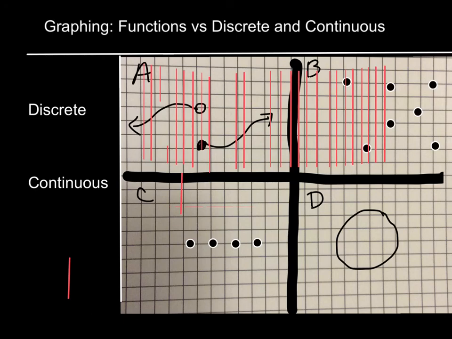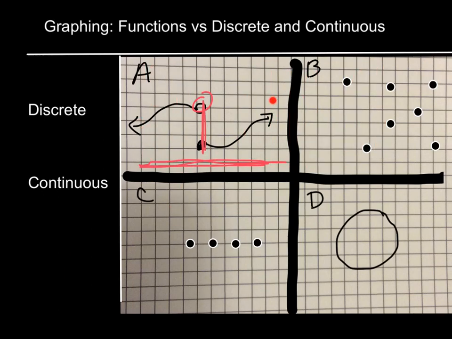Here's my x. So if I look at this, then I see that even though I have a gap there, it's filled in with this one here, which means that this graph right here, albeit weird, is continuous because there's no gaps in the x.